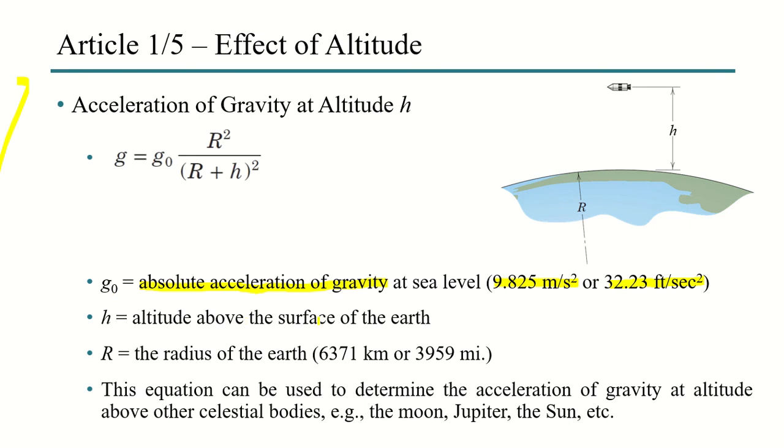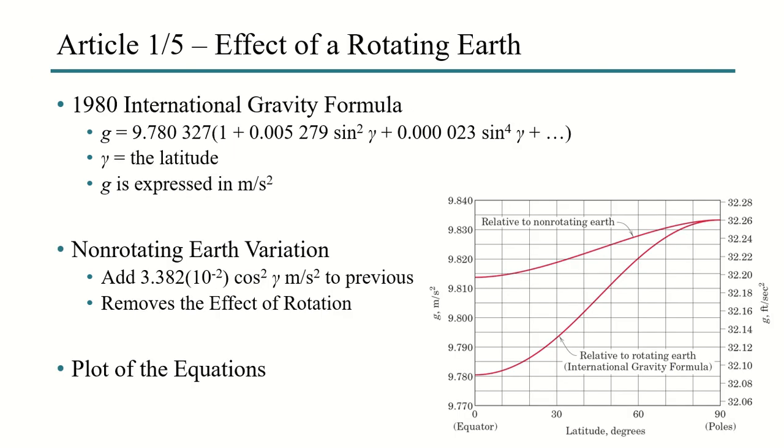h is the altitude above the surface of the Earth. R is the radius of the Earth, that is 6,371 kilometers or 3,959 miles. This equation can be used to determine the acceleration of gravity at altitude above other celestial bodies, for example, the moon, Jupiter, the sun, etc. Then we have the effect of a rotating Earth.